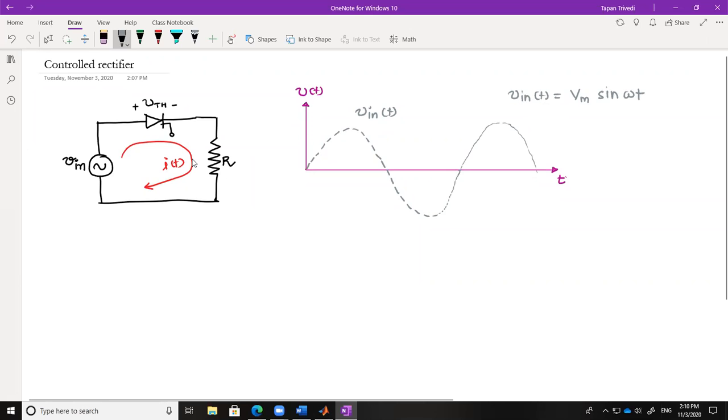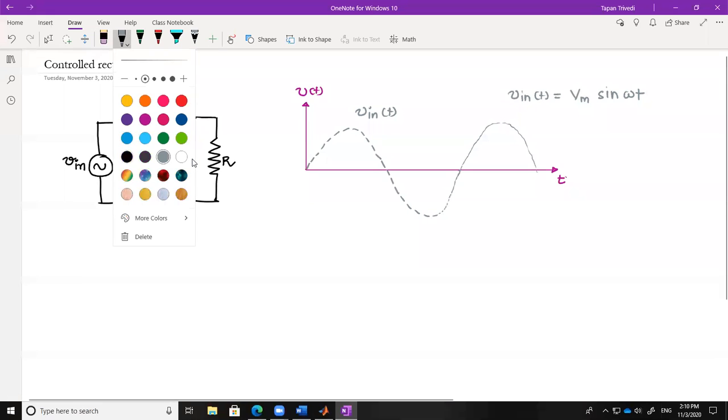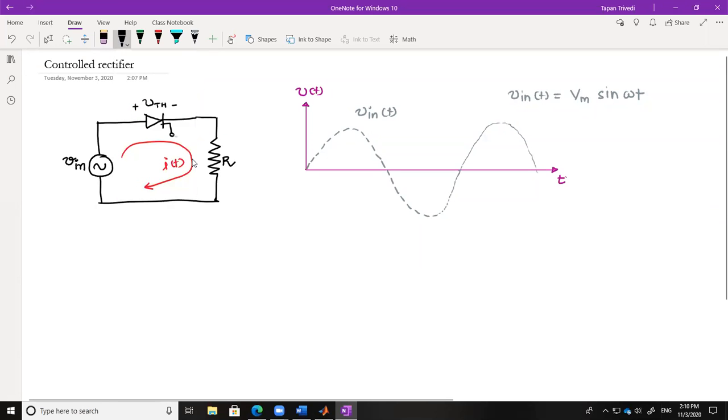And now there is one signal which is given to this pulse. Now it's a controlled rectifier. The meaning of controlled rectifier is that it acts as a switch, but a controllable switch.